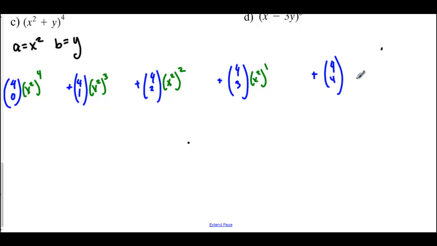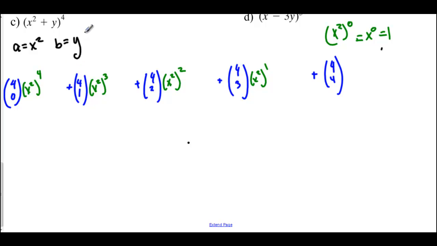Well, you could, but it's still going to turn into 1. Because if you have x squared to the 0, because of our exponent rules, 2 times 0 is going to give us 0. So we're going to end up with x to the 0, which is going to give us 1. So that's the reason we're not writing that last part, just to save a little bit of effort and to hopefully reduce confusion.